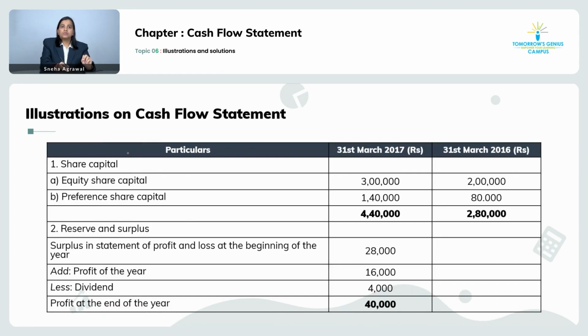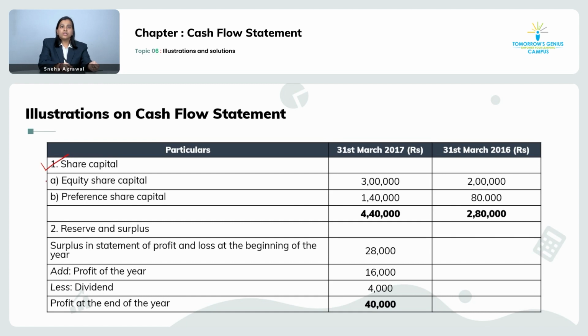If we see the notes to the accounts for the share capital, we see shares are of two kinds, like I have told you earlier also. One is equity share capital, the other one is preference share capital. Equity shareholders are the owners of the company.